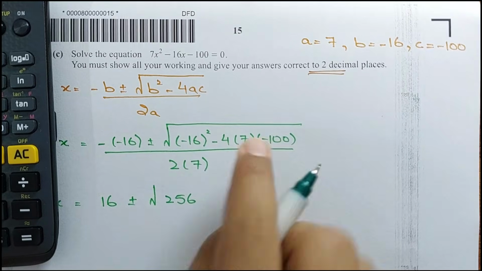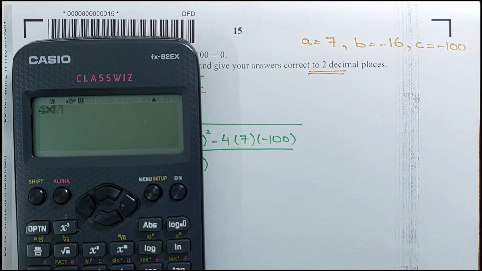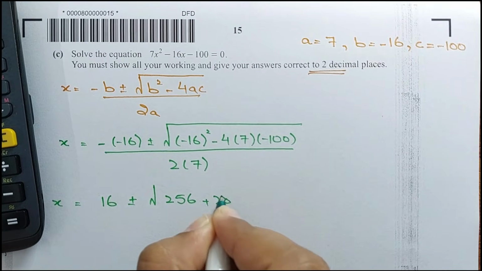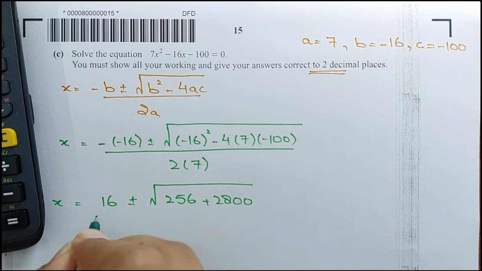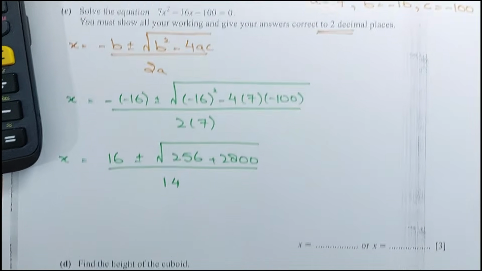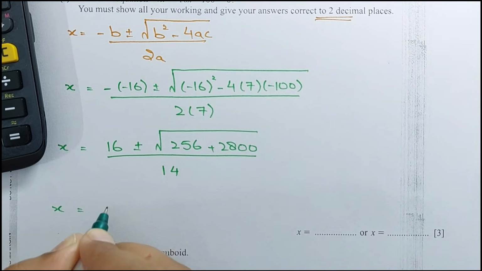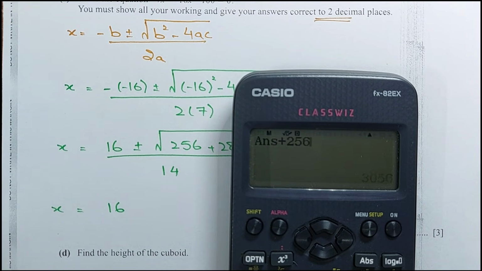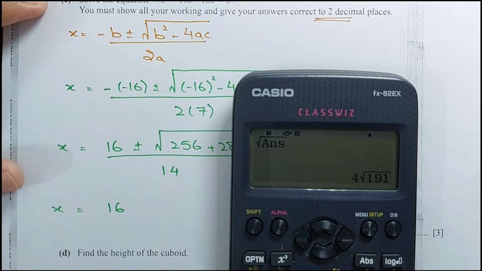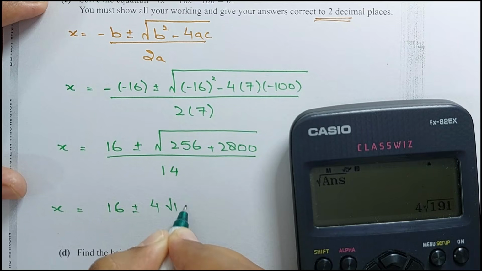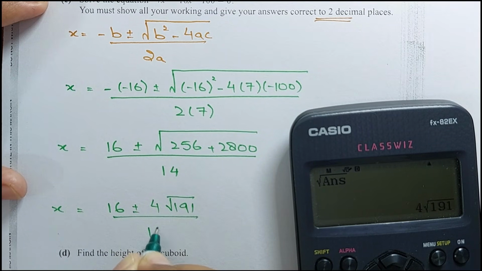Now negative times negative is positive, 4 times 7 times 100 is 2800, plus 2800, and 2 times 7 is 14. Now let me do the further simplification. x equals 16 plus or minus the square root of 2800 plus 256, which gives 4 root 191, so plus or minus 4 root 191 divided by 14.